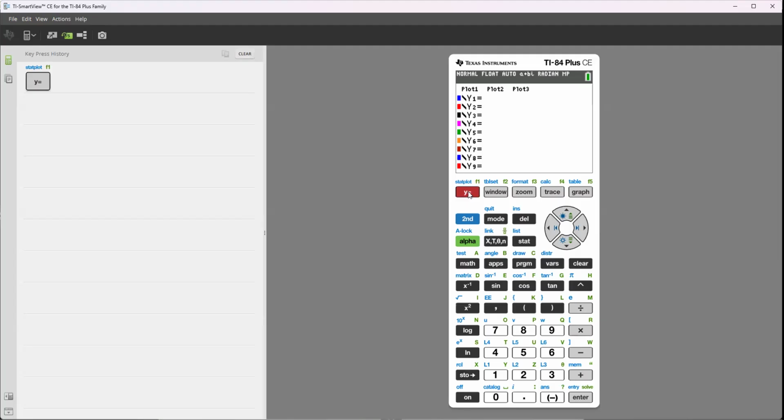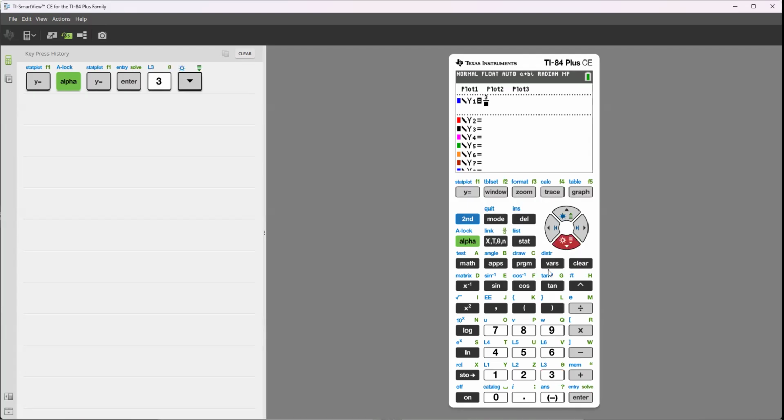Now, if you want it to look like a 3 halves fraction, here's how you do fractions. You hit the green alpha button, you click y equals, and then n/d, that means fraction. That's like numerator, denominator. So you just hit enter on that. It'll bring up the little box. I can put my 3 on top. I can arrow down and put my 2. Now I'm going to arrow right.